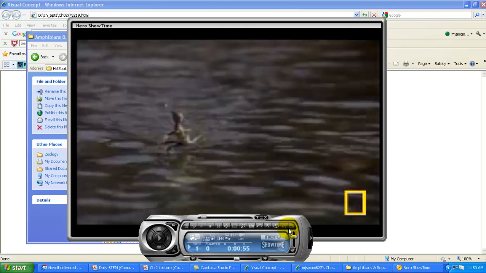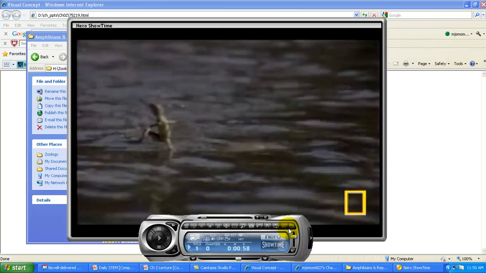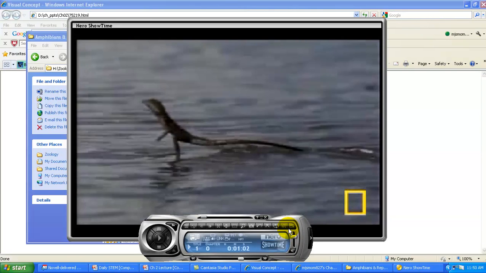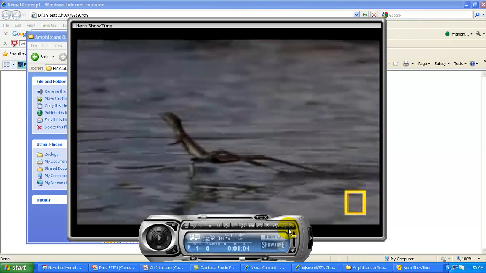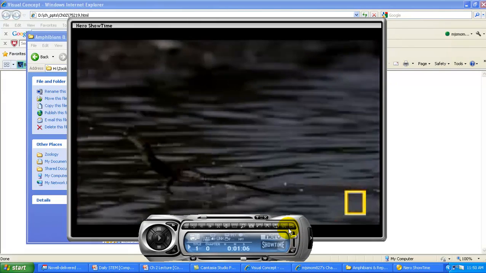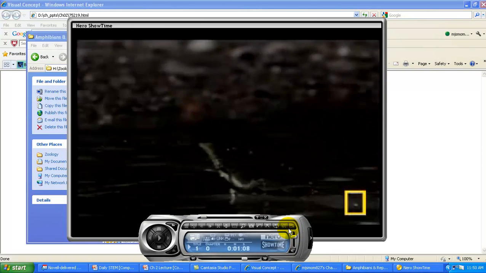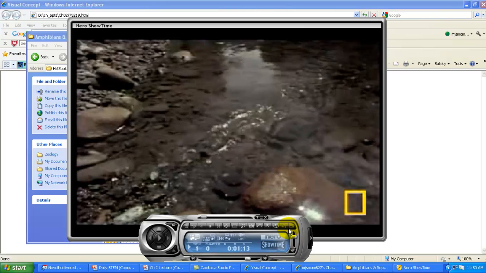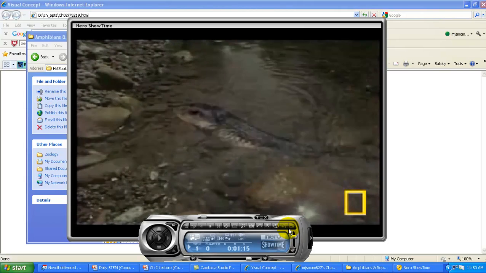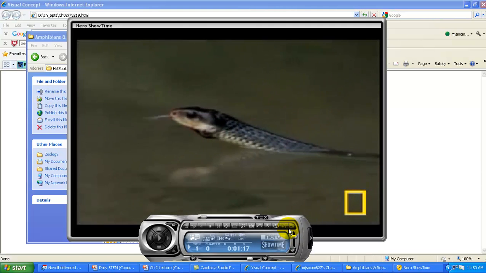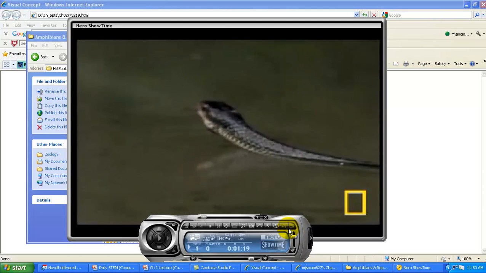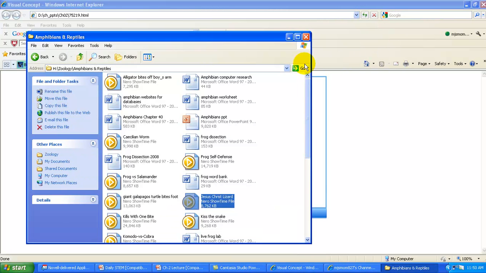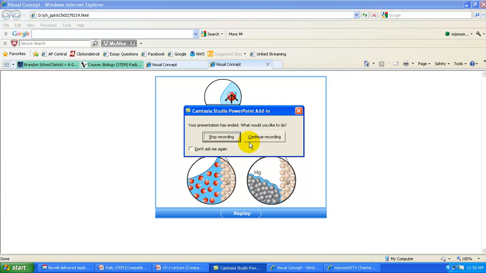This is real. The basilisk is called the Jesus Christ lizard because it can walk, well, maybe run on water. It bicycles its hind legs, and the tail becomes a counterweight. We can't know what the snake is thinking. Did it really want to eat the lizard, or did it just want to show?